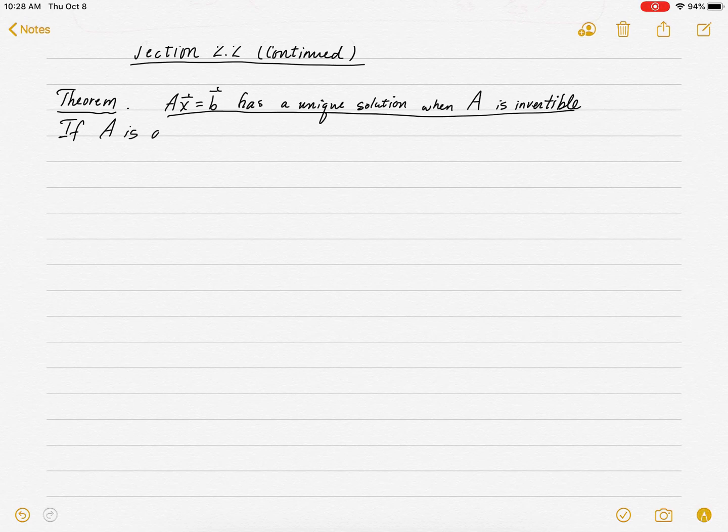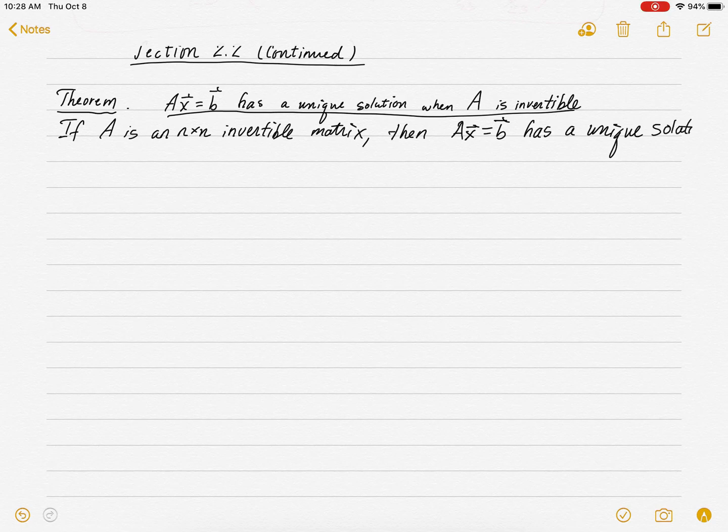It says if a matrix A is an n by n invertible matrix, then the matrix vector equation AX equals B, that's also considered a linear system, right? You can write a linear system in that form.